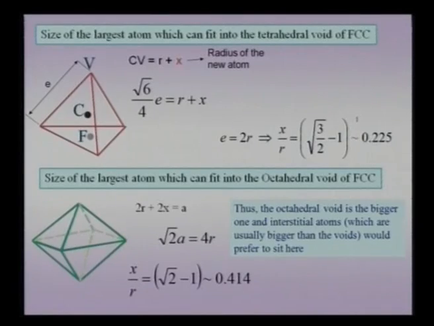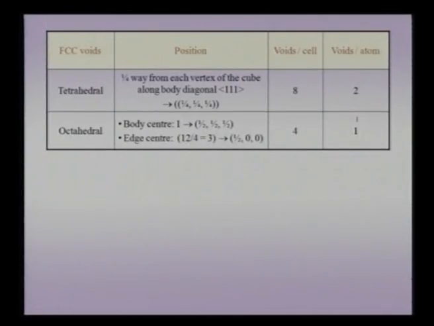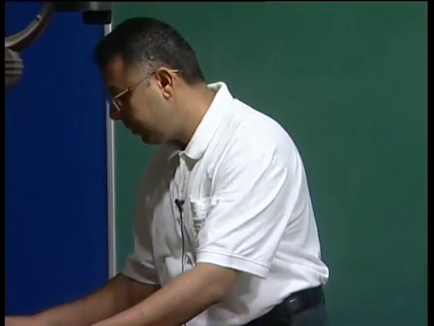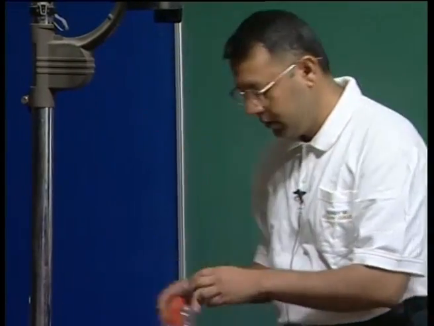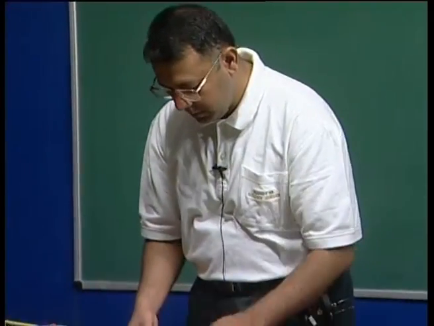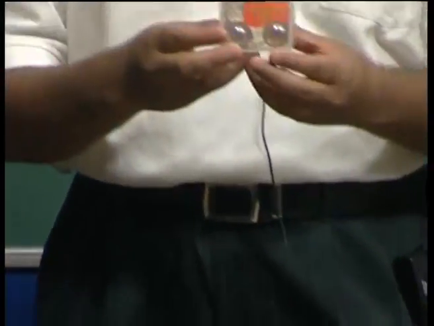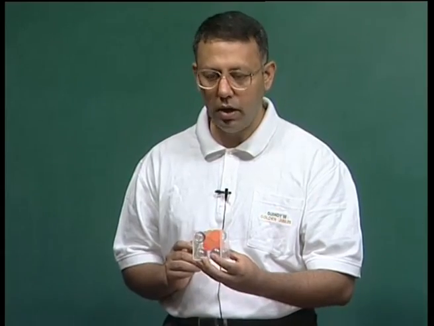So let me try to visualize these things using models before I take up the calculations based on the largest sphere which can fit into these voids. I have models here, and I will show them from both the angular perspective and also from the other perspective. For instance, I have a model here with spheres. This is what I call the space-filling model, and you can see these 4 red-colored balls actually locate my tetrahedral void.